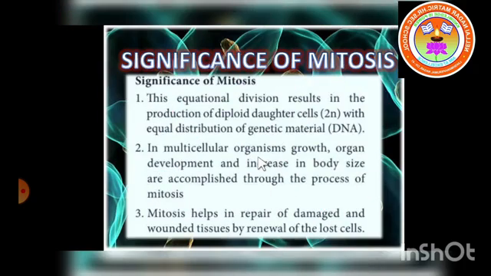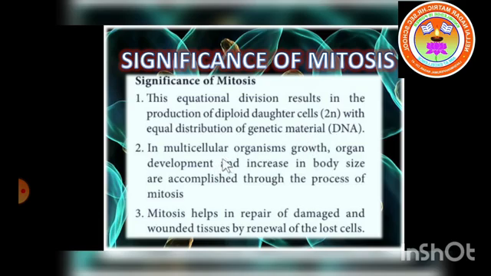Next we will see what is the significance of mitosis. Since this is an equational division, it results in the production of diploid daughter cells. What is diploid? It means 2n number. Diploid daughter cells means the daughter cells will have 2n number with equal distribution of genetic material, that is DNA.